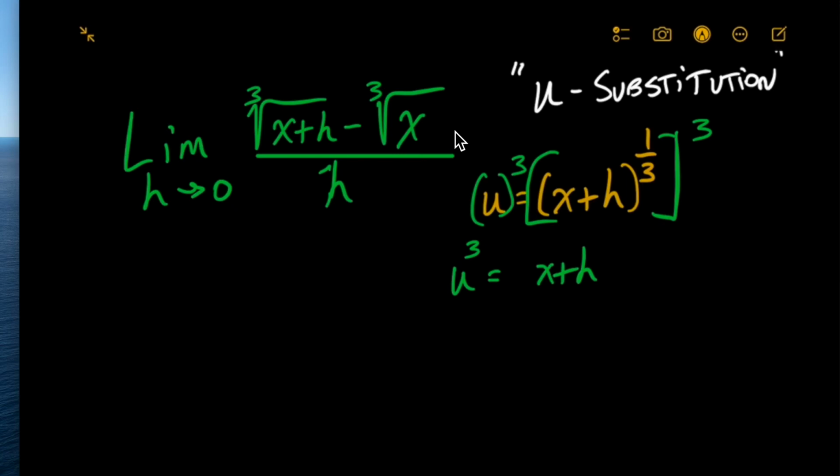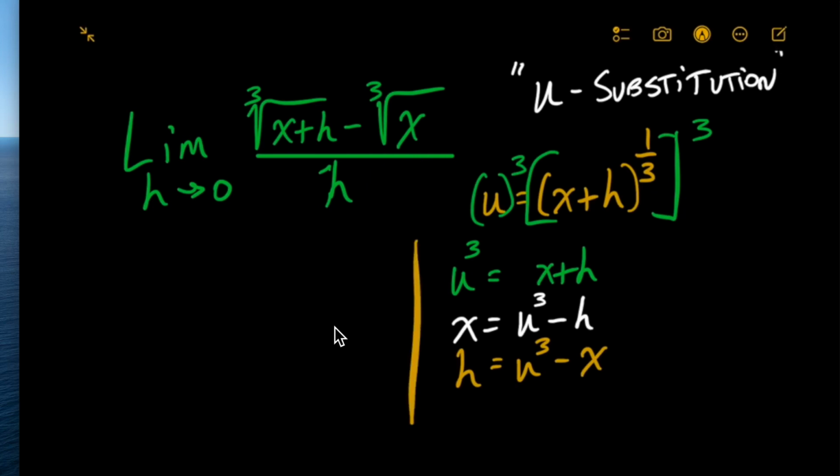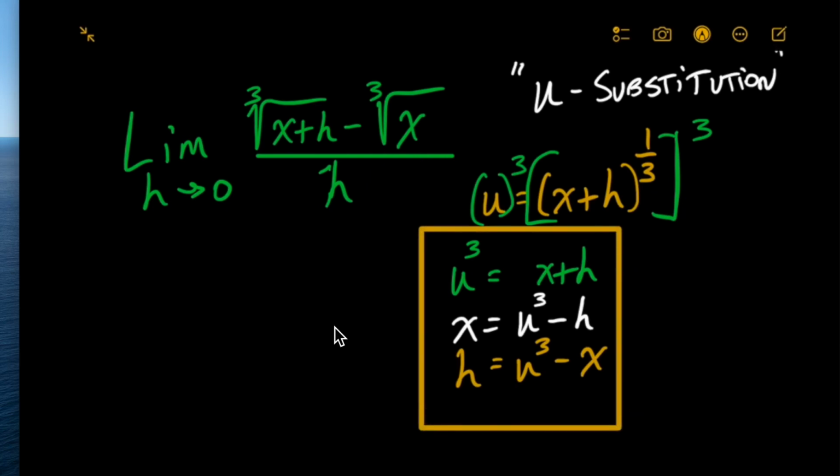So I'm going to get x equals u cubed minus h, and I'm going to get h equals u cubed minus x. The idea is I'm now going to use these entities to substitute into the original limit.